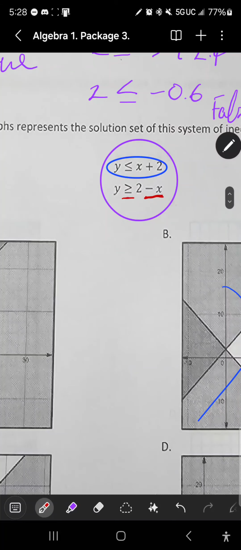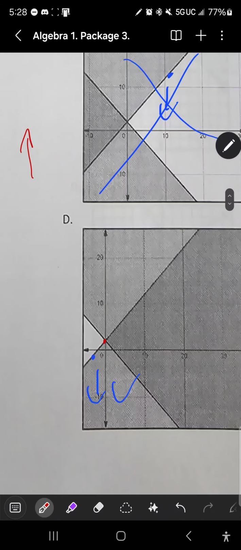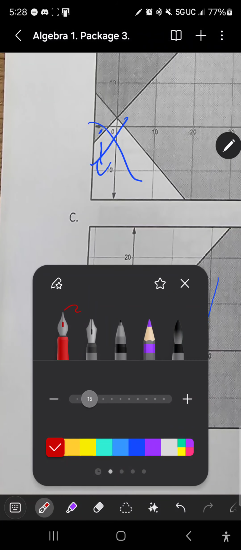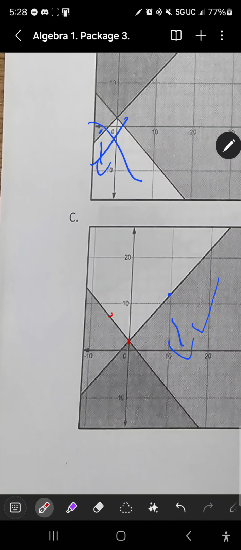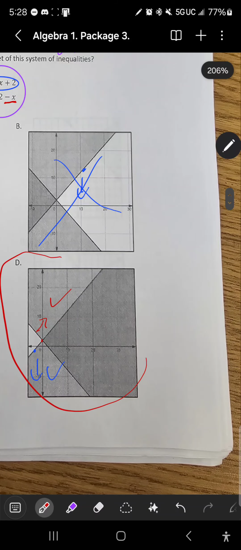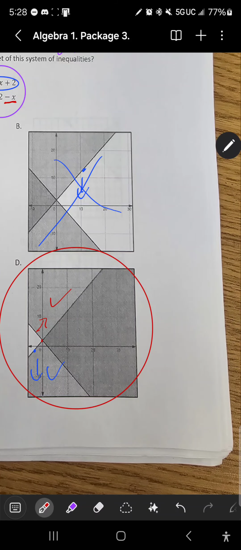The sign says greater than, so it's supposed to go up. I'm gonna see any point above the line. Verify here. Any point above the line, we are not fine here. Therefore, D is our answer.